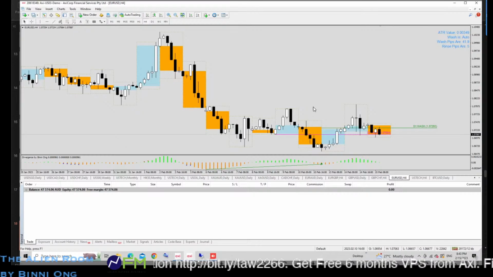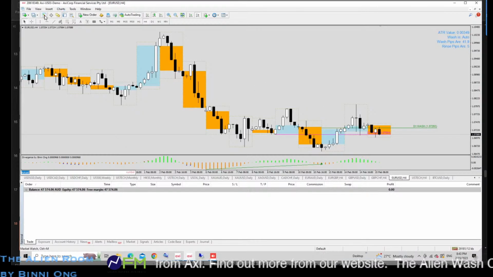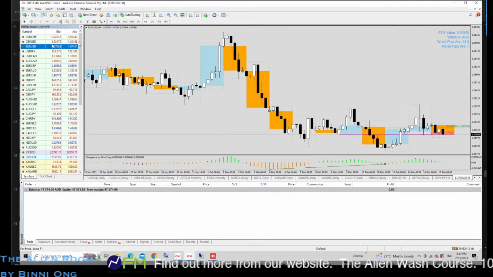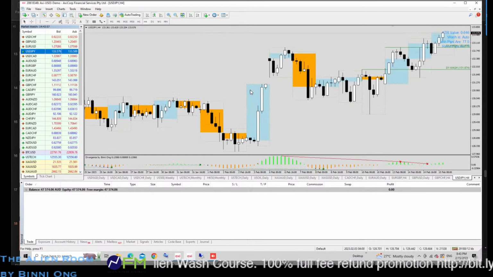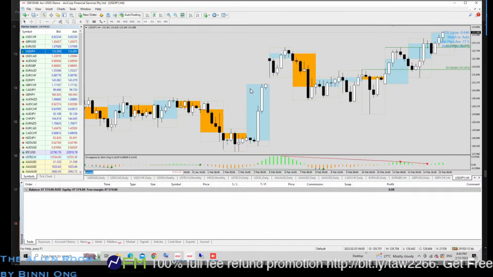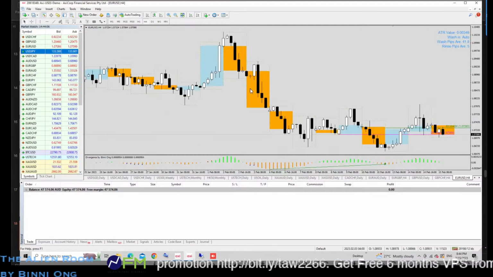Then how do I get this quickly? Just press the enter button on your keyboard, and then you type euro versus the dollar. Otherwise, you can get your market watch and drag euro versus the dollar onto your chart. Let's say I want dollar versus yen. Just drag it in, and then it should become dollar versus yen. Otherwise, just press enter on your keyboard, type EUR USD, and press enter again. It should switch to euro versus the dollar.